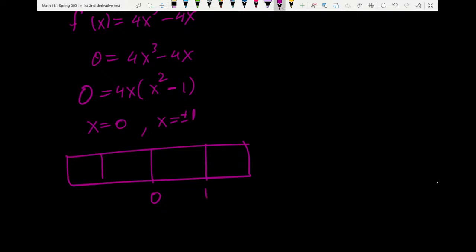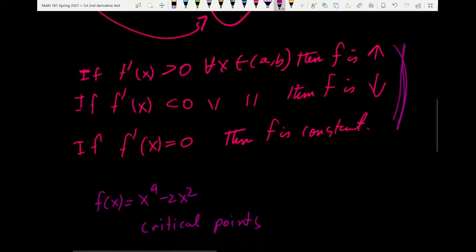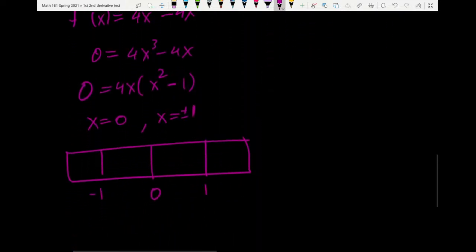So these are my critical points, and I want to know what happens. So we'll use the information that I just gave you to figure out if it's increasing or not. I'm going to look at f prime and plug in any value over here.